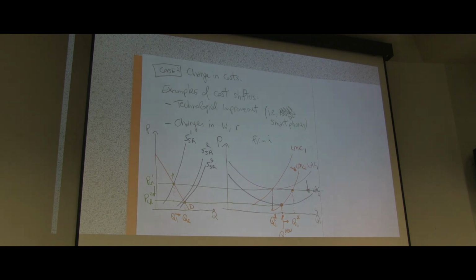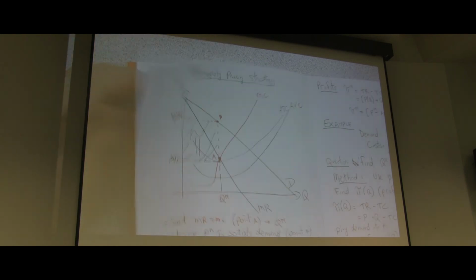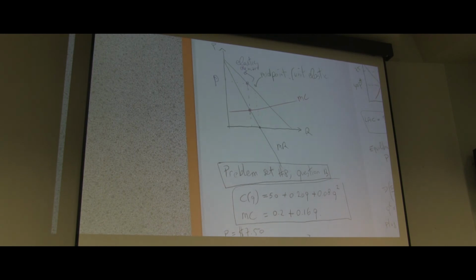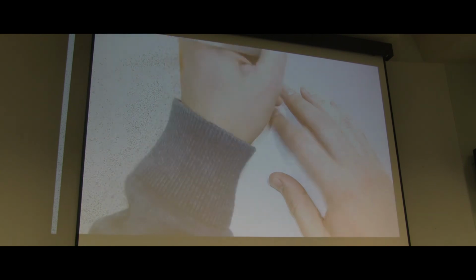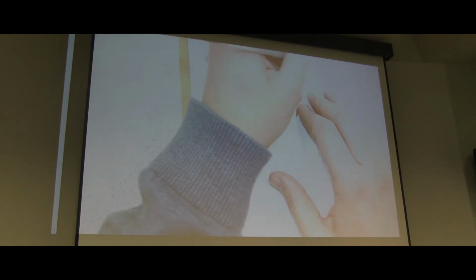In practice, we have a cost of 50 plus 0.2q plus 0.08q squared. And what we need to do is reduce those costs by 25%. Right? So your new costs are going to be 0.75 times C(Q).